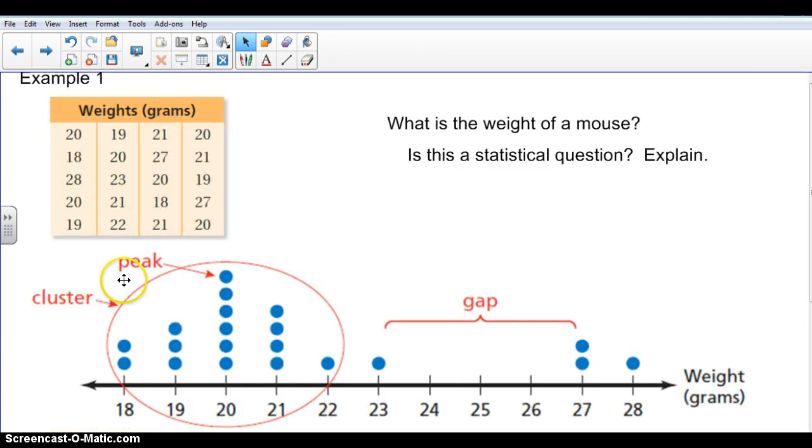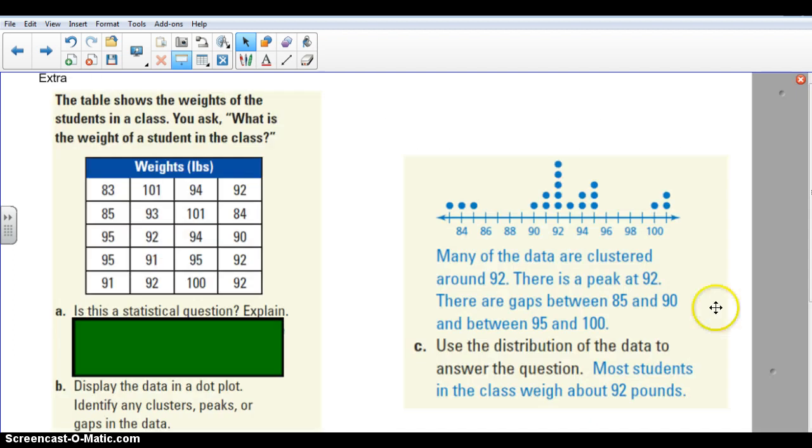You could have done your circles and your lines. Preferably when you get to the on your own, we're going to ask you to write it out. But if you circled it for now so you can see it, I have no problem with that. So your cluster, hang on here, let me get a pen.